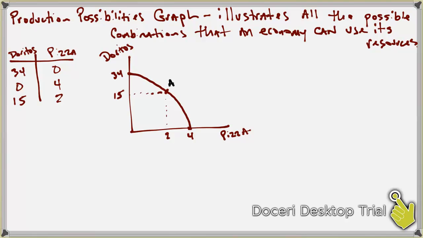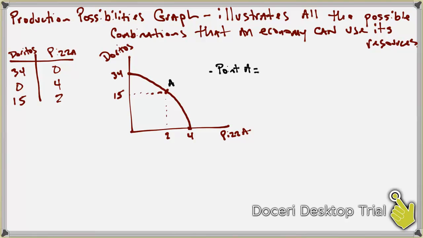Okay? And I'm going to put some notes next to my graph. So I'm going to say point A. And point A really represents not just that point, but all points. I'm going to run out of room. I got to move that. Not just that point, but it represents all points that fall on what we call the production possibility curve. So point A is on our curve, okay?